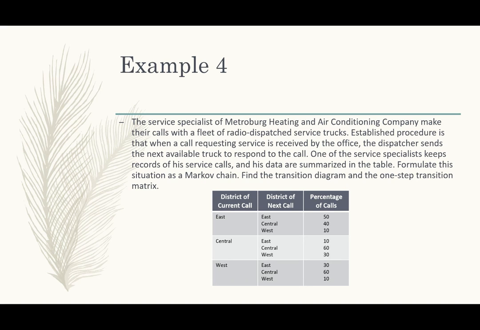Okay, so let me break down what this kind of chart is saying for us. There's 3 states the driver can be in. The driver is either in east, central, or west. So if he's in east, then the probability his next call is also in east is 50%, which we're going to change to 0.5.